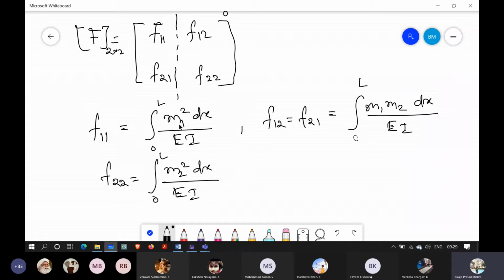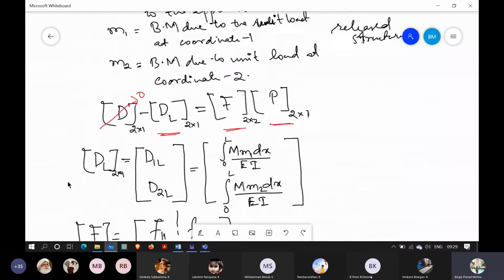Now you may ask, what are m1, m2 and capital M? Those are already explained here.